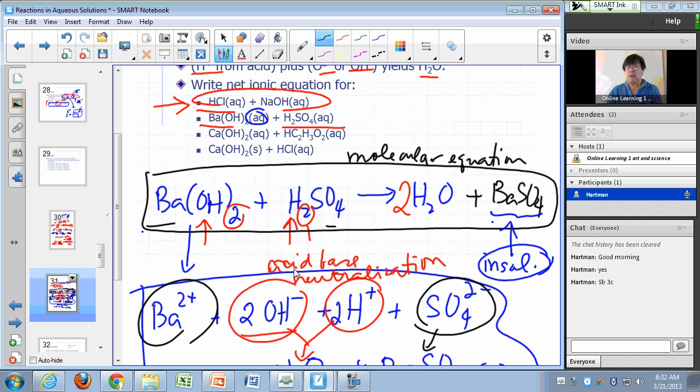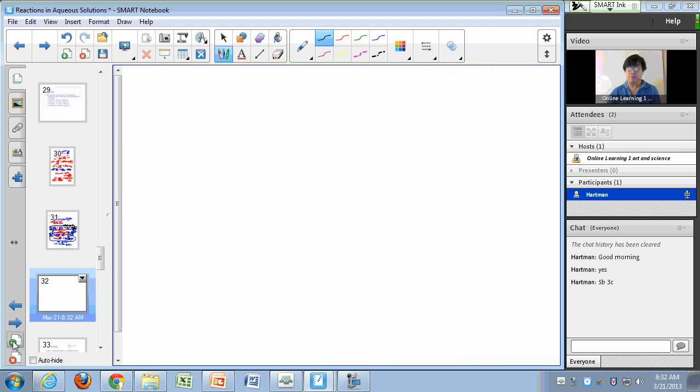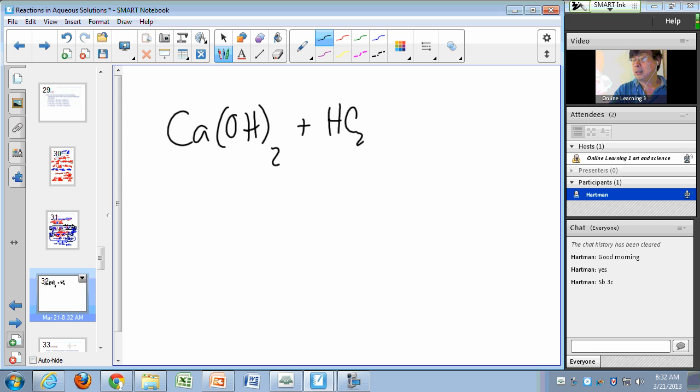Okay, let's look at the next one. Calcium hydroxide plus acetic acid. Okay, calcium hydroxide plus HC2H3O2. Okay, what product do we expect to get here? Okay, again, you can think of this as acid plus base.